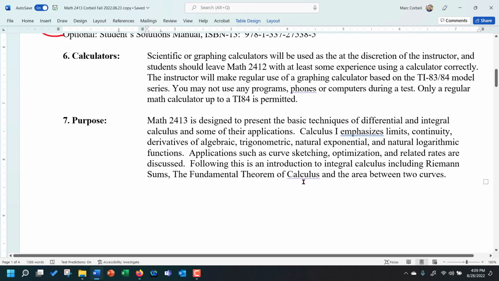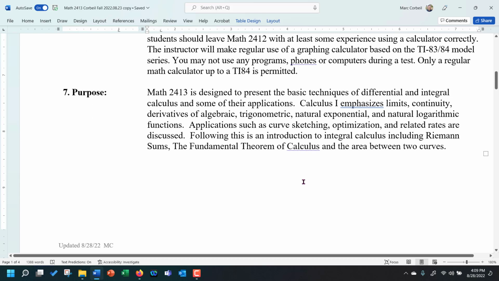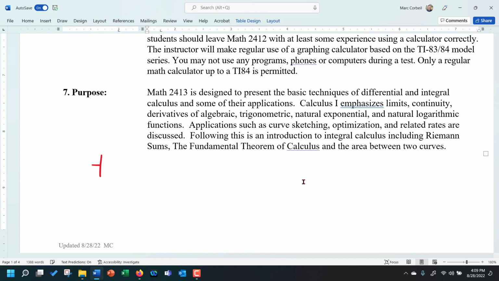So we got that. So in calculus, we're going to be really working on the purpose. What we're really doing in calculus is, in essence, we're going to do two major things. One is we're going to deal with what's called the tangent line problem. I'll do a short video of that as a first introduction.